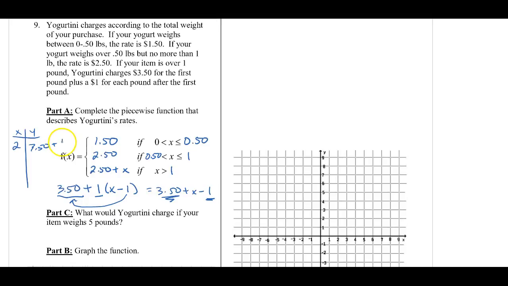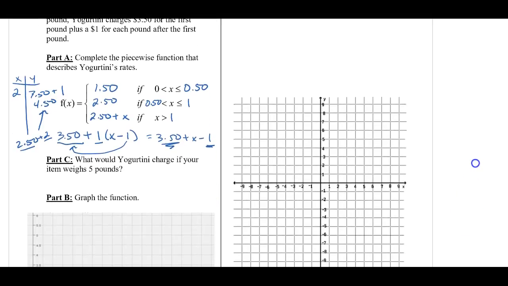So that would be an additional $1 because we got charged $3.50 for 1 pound plus an extra $1. That's $4.50 total. If we plug that into our function, we'd get $2.50 plus 2 for 2 pounds. $2.50 plus 2 is still $4.50. So our equation works.